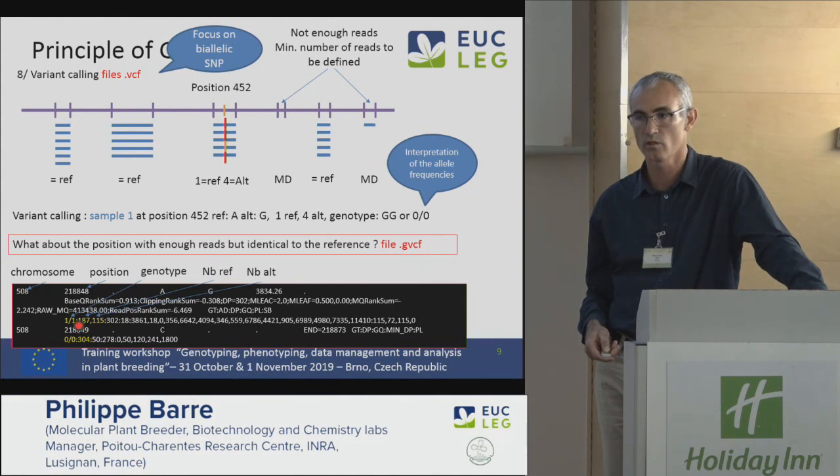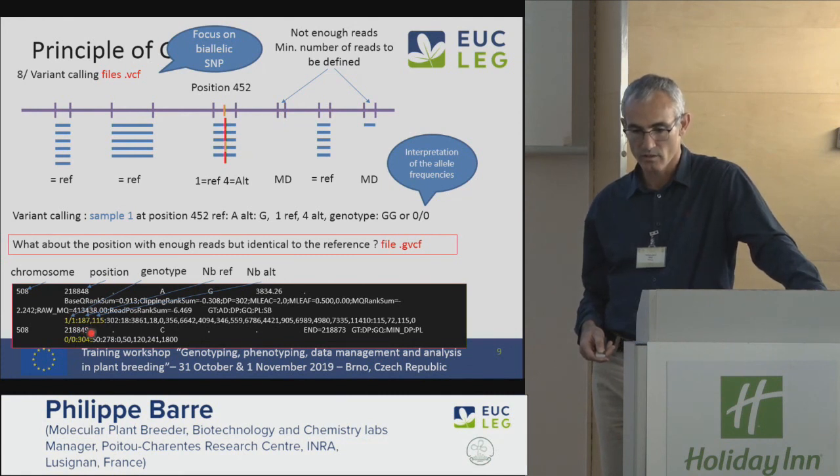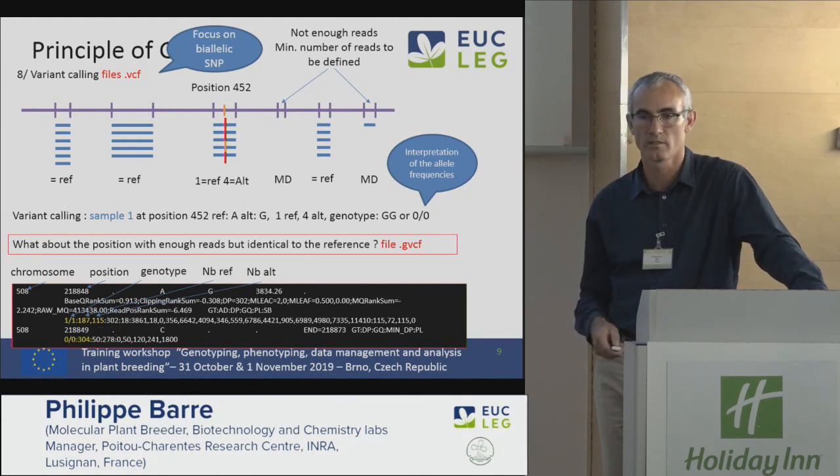So it's homozygous alternative. The 187, 115, so it's heterozygous. It's the number of each reference and alternative, and then you have the total number of reads.